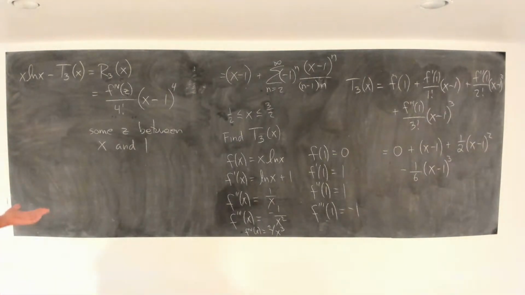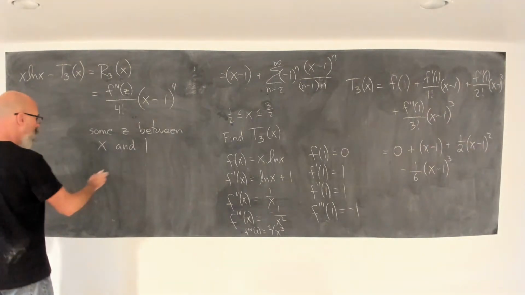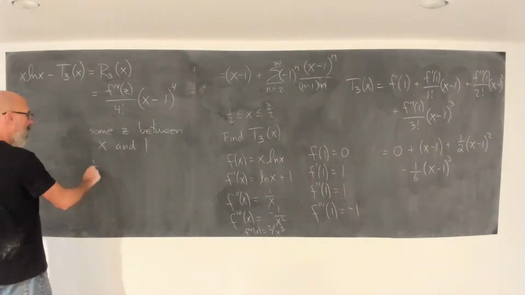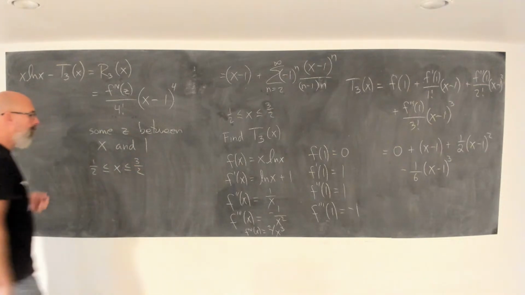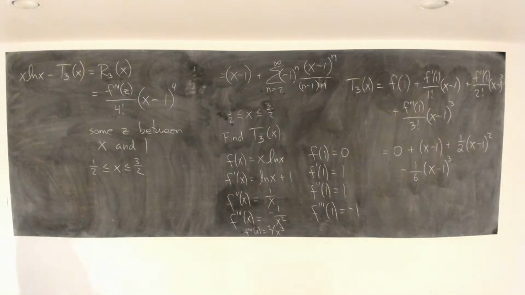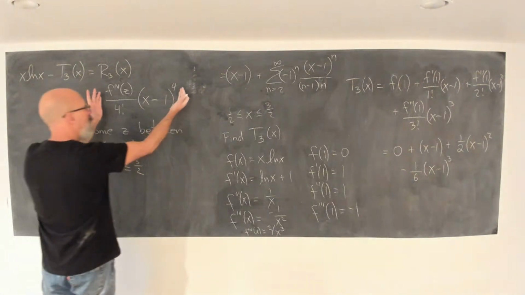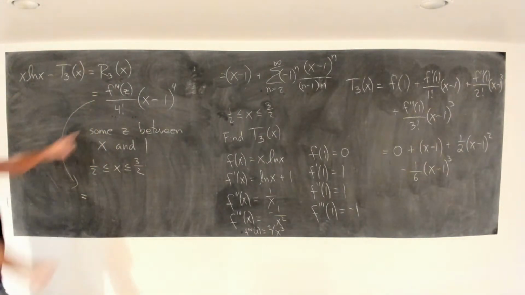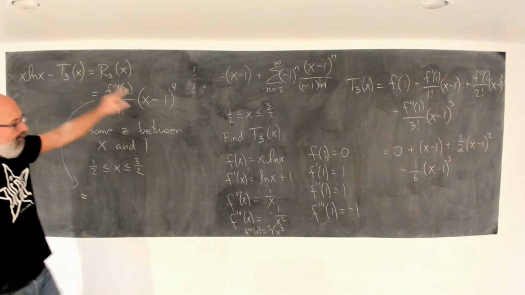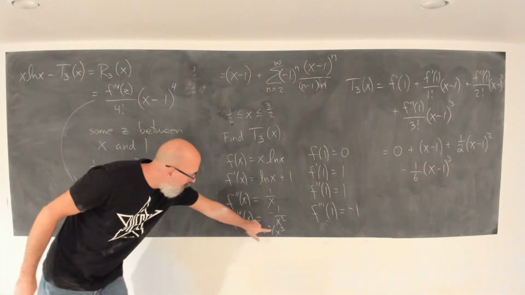And now you see we were given that x is somewhere in this interval. So now we have to ask the question, well, actually, I've left it as fourth derivative, but you know what the fourth derivative is.